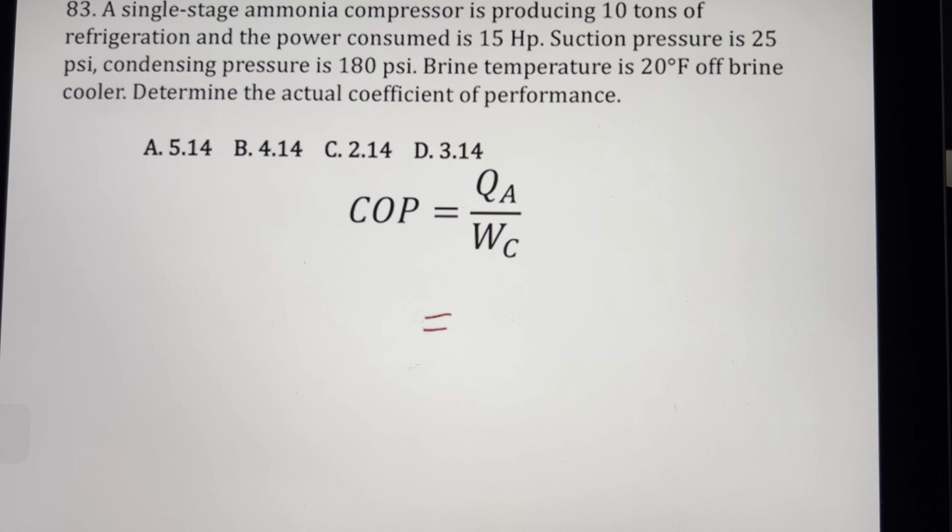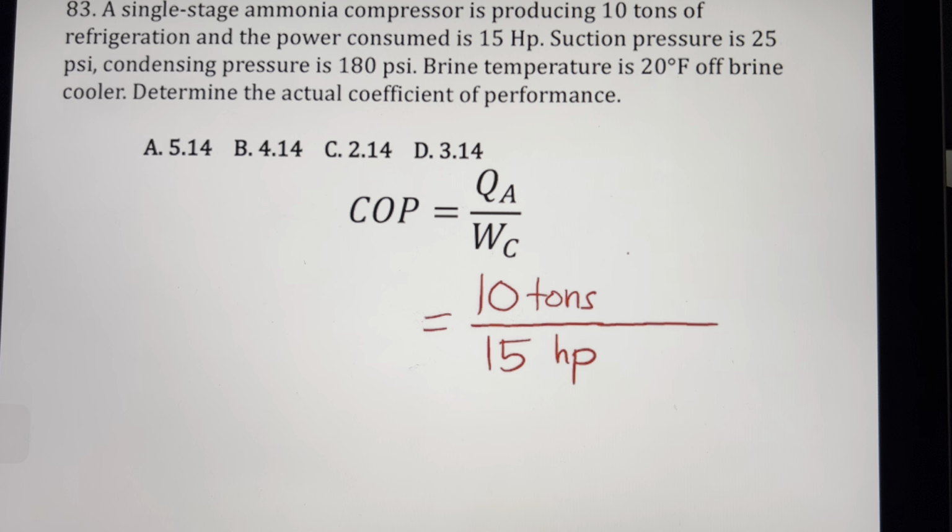Here we have our QA or the capacity, which is 10 tons of refrigeration. And our power consumed by the compressor is 15 horsepower. But take note, COP should be dimensionless or the units must all be cancelled. So we must convert the tons and the horsepower into a common unit.